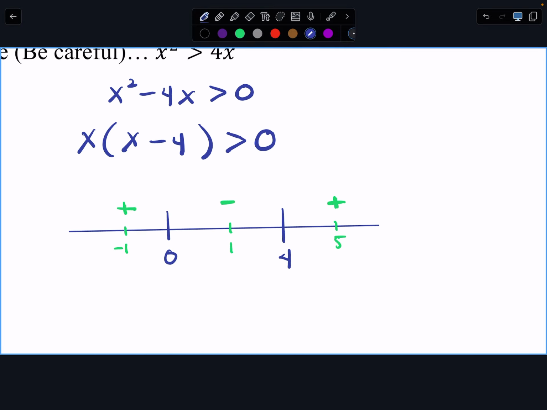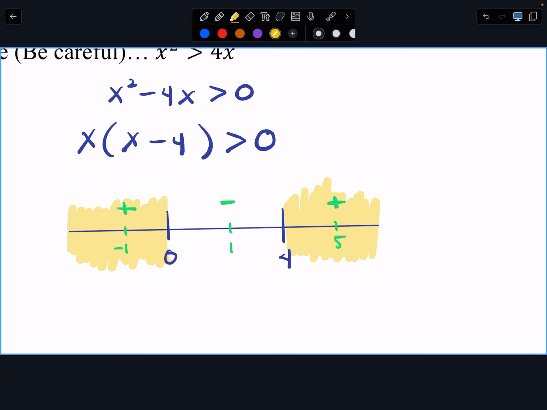Now this one, remember, we want the values that would give us a true statement. So we're looking for the values, the intervals, that would make the quadratic positive. That would be over here and over here.